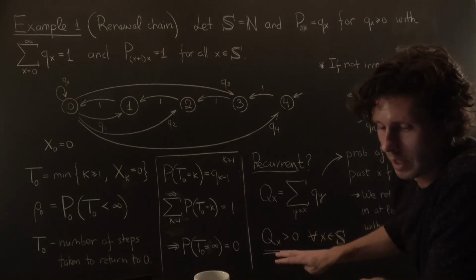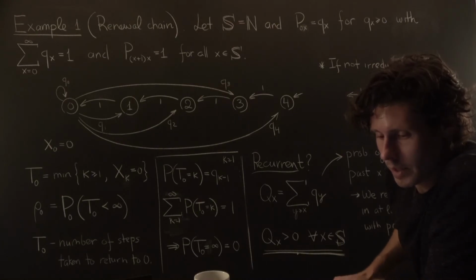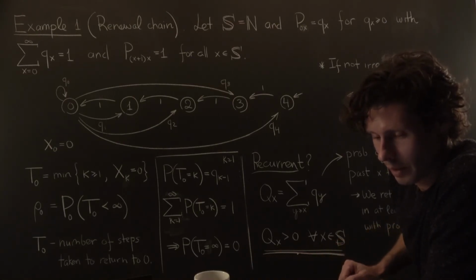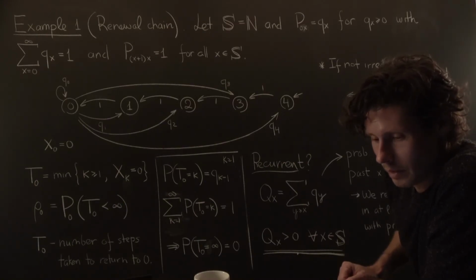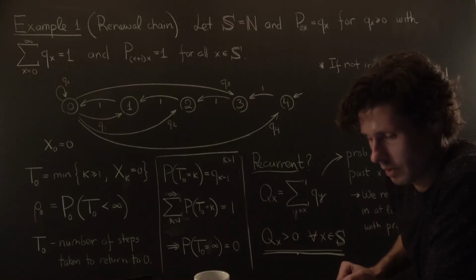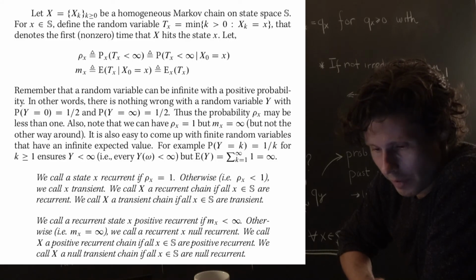This turns out to be the answer. And then obviously, as soon as this is violated, the chain is not recurrent, and you must then have transient states. Notice you can't claim that the entire chain is then transient, so be careful. So let me put up the definition again.